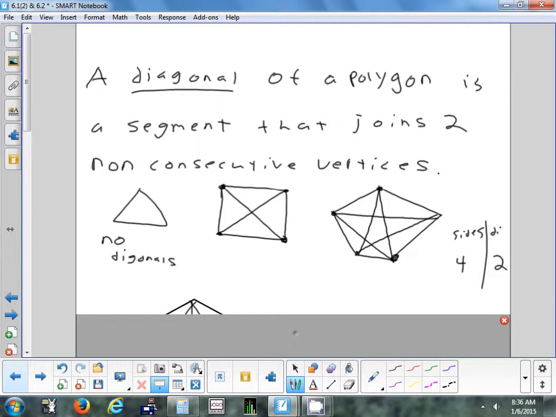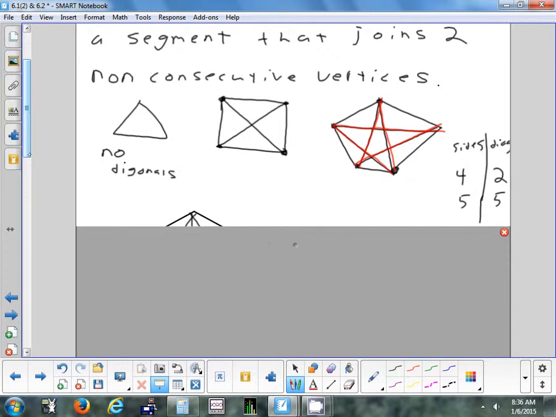How many? 4. All right, let's trace over on this sheet. So we got 1, 2, 3, 4, 5. So for a 5-sided shape, you get 5. Just looking at those 2, you probably really can't find a pattern.